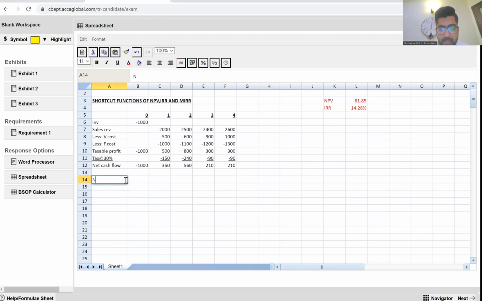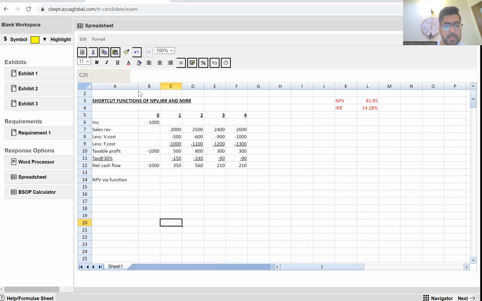Now find NPV directly via function. How do you get NPV directly via function? Okay, please pay attention. You press equals to and write NPV, because you're finding NPV.